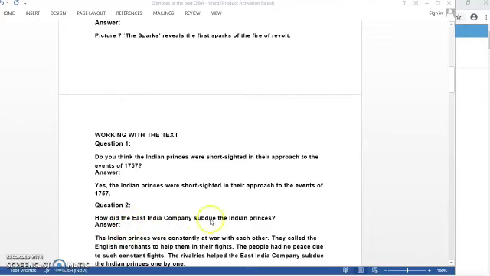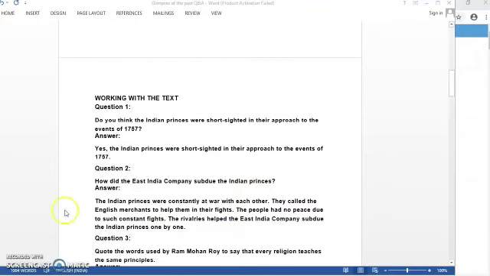Now, question number 2. How did the East India Company subdue the Indian princes? This is part of question number 1. The Indian princes were constantly at war with each other. They called the English merchants to help them in their fights because the English merchants had superior weapons.